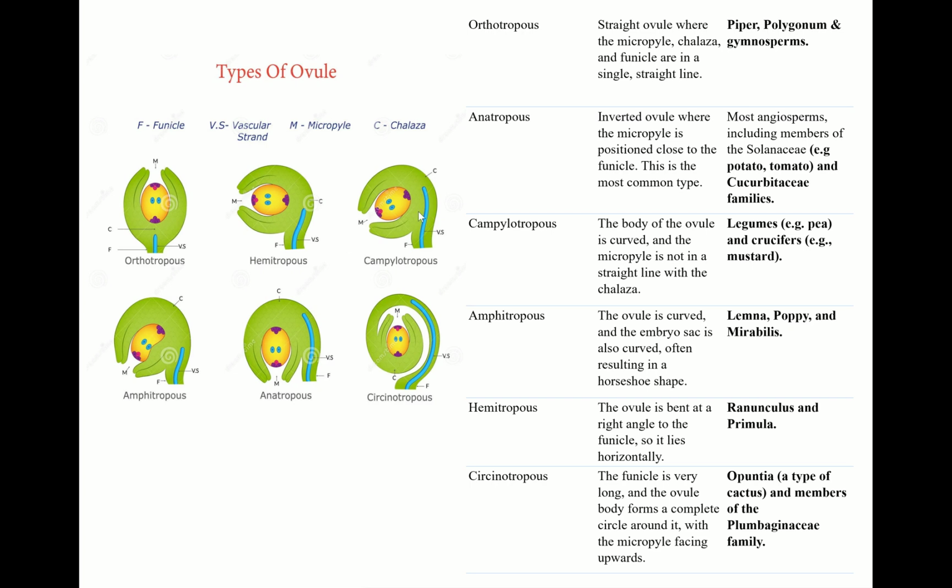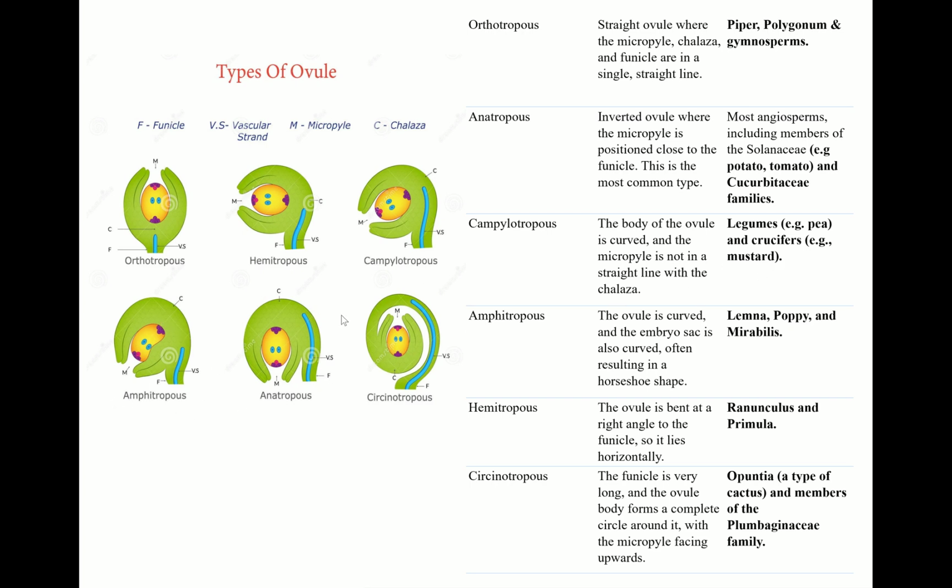What are the examples for this kind of ovule?